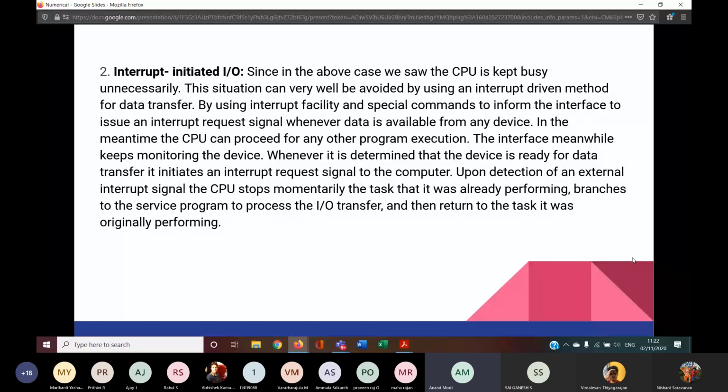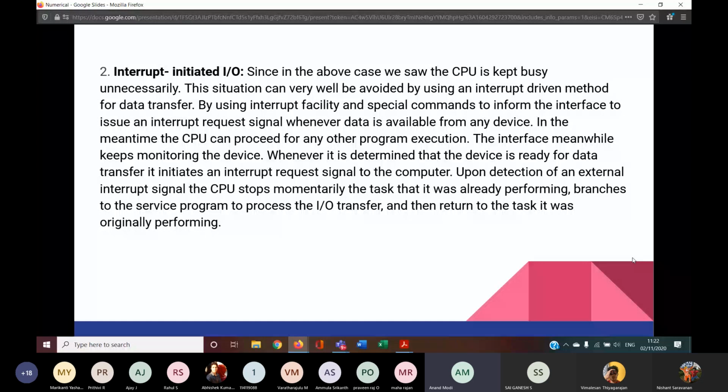So in the above case, the CPU was kept busy unnecessarily the whole time. The situation can be avoided by this interrupt method for data transfer. In this interrupt facility, special commands inform the interface to issue an interrupt whenever data is available for any device.